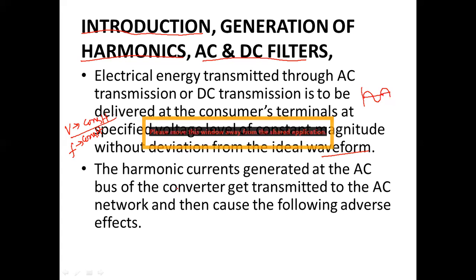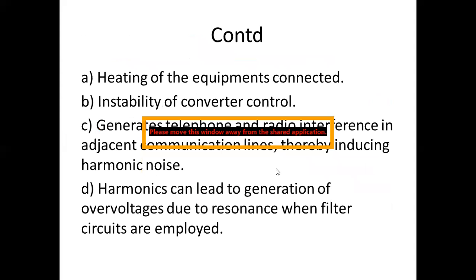If we do not control the harmonic current, the unwanted wave, whatever deviates from our ideal sinusoidal wave, we have to control it at the AC bus of the converter, because the converter generates a lot of harmonics. So it should not be transmitted to the AC network, and if it is transmitted, it will cause the following adverse effects. It must be eliminated in the system, so that the adverse effects can be minimized.